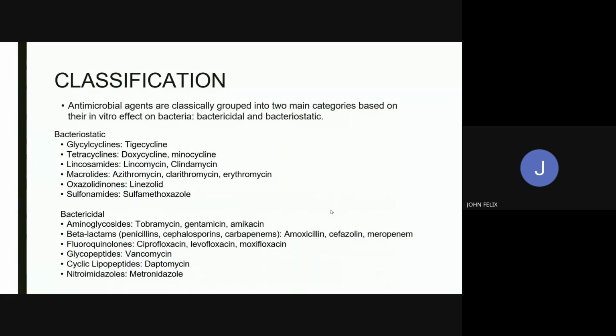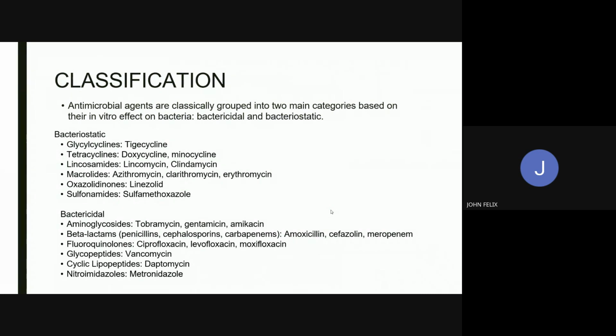As I said earlier, antimicrobial agents like antibiotics act by 2 different in vitro effects. That is, they may kill the bacteria or they may prevent further growth or replication. Based on this, we classify them as bactericidal and bacteriostatic drugs. Bactericidal means it will kill the bacteria, and bacteriostatic means it will prevent further replication or growth of the bacteria.